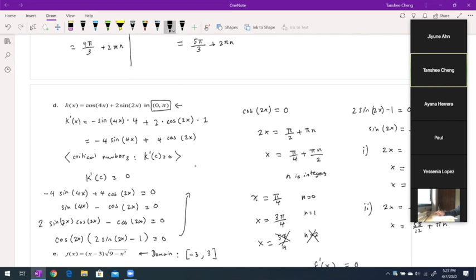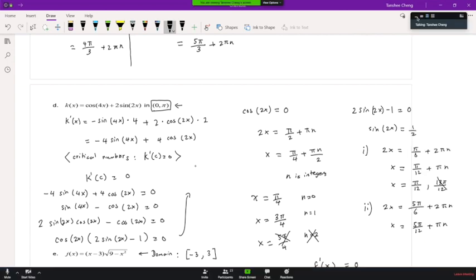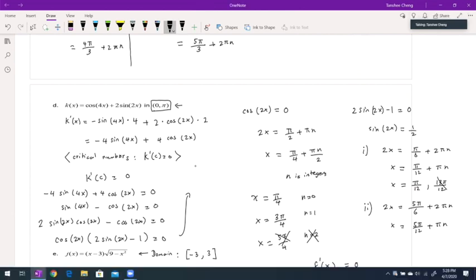All right, so if you're okay with this, then continue on the second part, which is the second factor, 2 sine 2x minus 1. So solve for sine function. So that will be sine 2x is equal to half. So we already know that from the past examples, the value of sine is half when the angle is what?